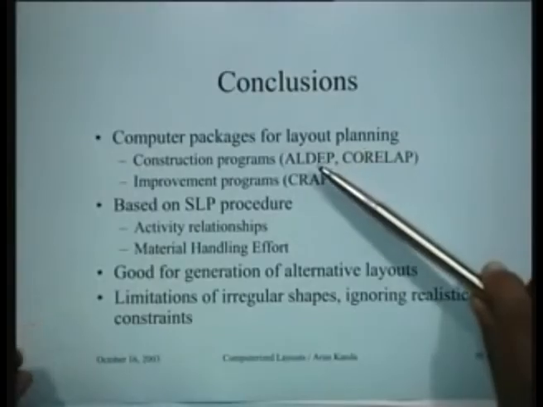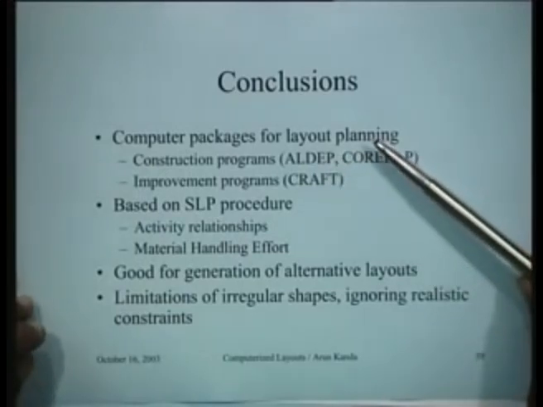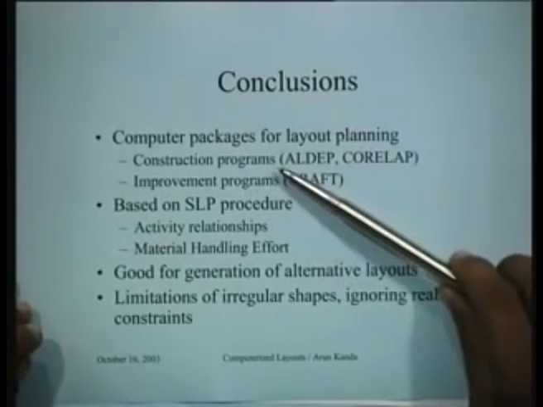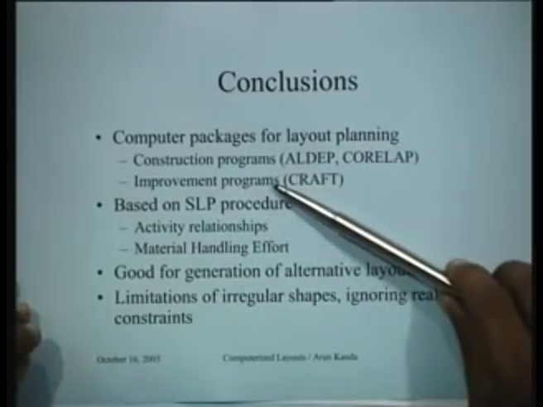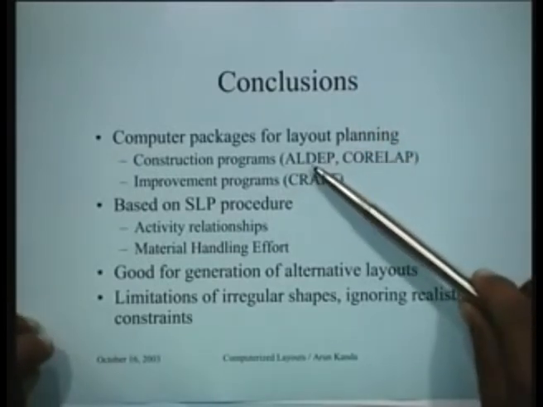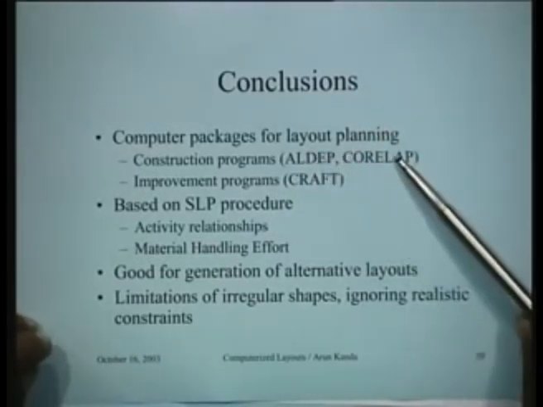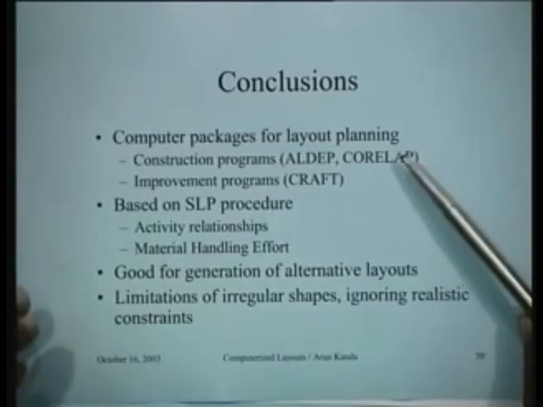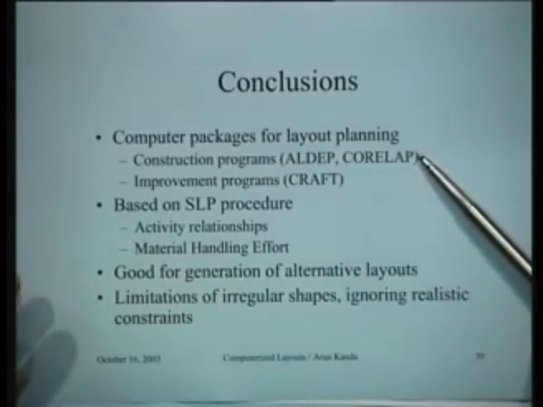In conclusion, what we would say is that as far as computerized packages for layout planning are concerned, we have seen that they could broadly be classified into construction programs and improvement programs. And in this lecture, we had a glimpse of LDAP and CoreLab, which are essentially construction programs. That is, they derive a layout from scratch.